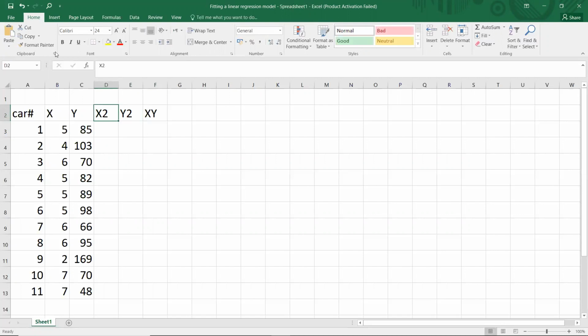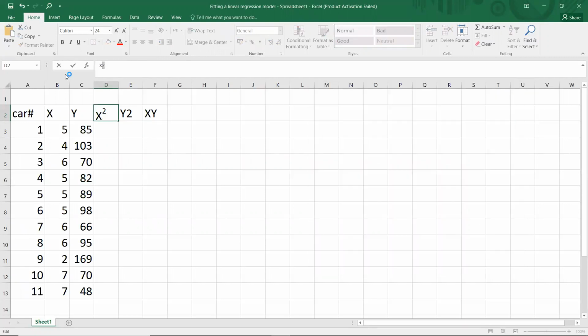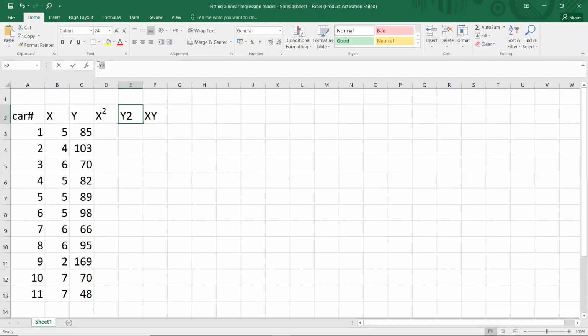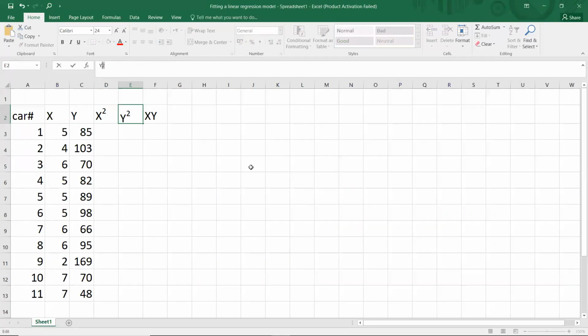X square, y square, and x into y, these 3 columns are required for the computational formula.